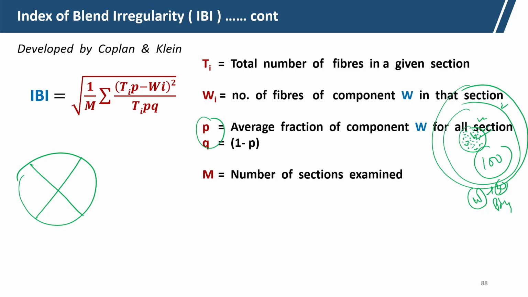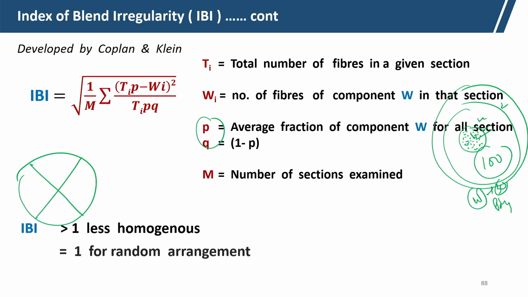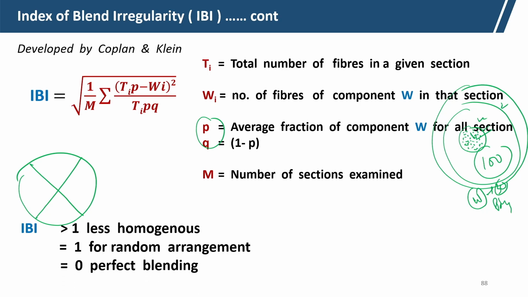So, M is the number of sections. If IBI is more than 1, it is less homogeneous. If IBI is equal to 1, it is a random arrangement, and for perfect blending, IBI is 0.